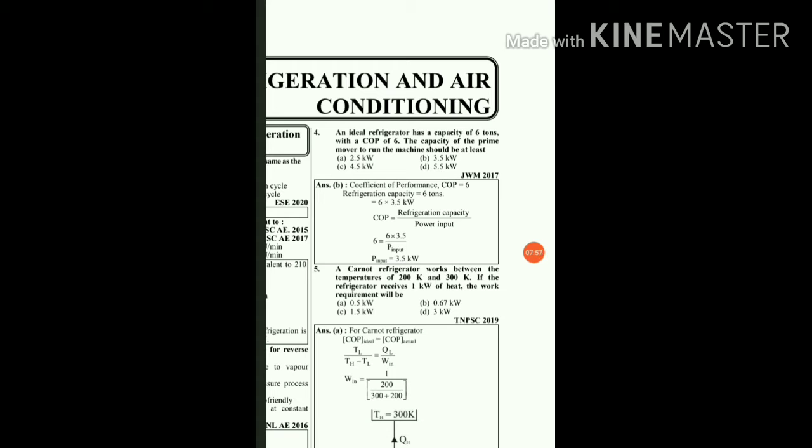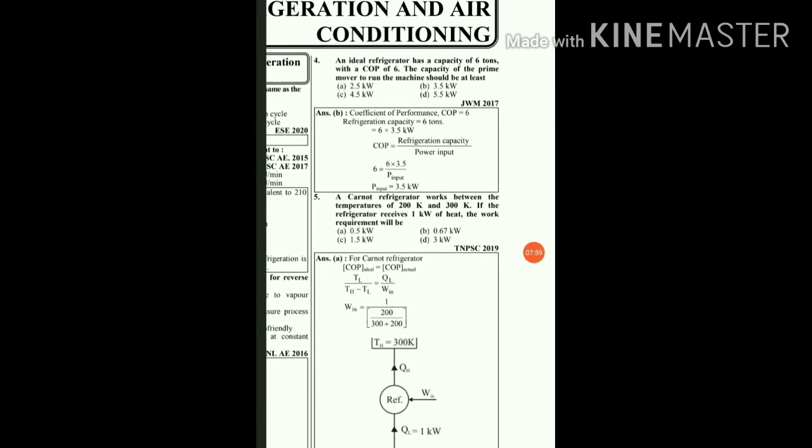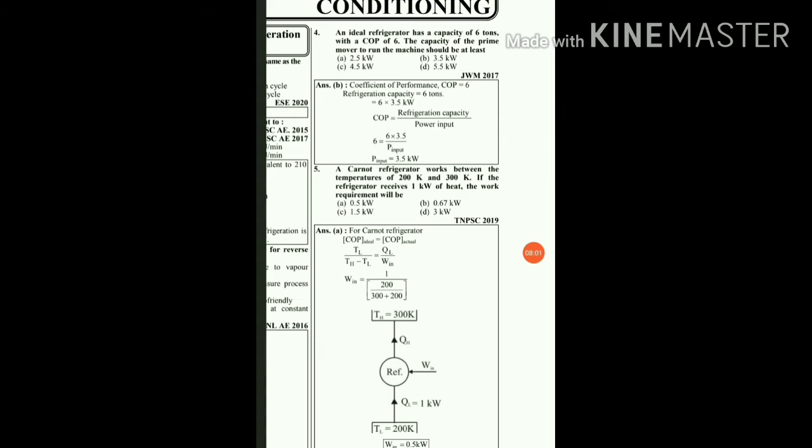The next question: a Carnot refrigerator works between temperatures of 200 Kelvin and 300 Kelvin. If the refrigerator receives 1 kilowatt of heat, the work requirement will be. So here one should know about the Carnot refrigerator.